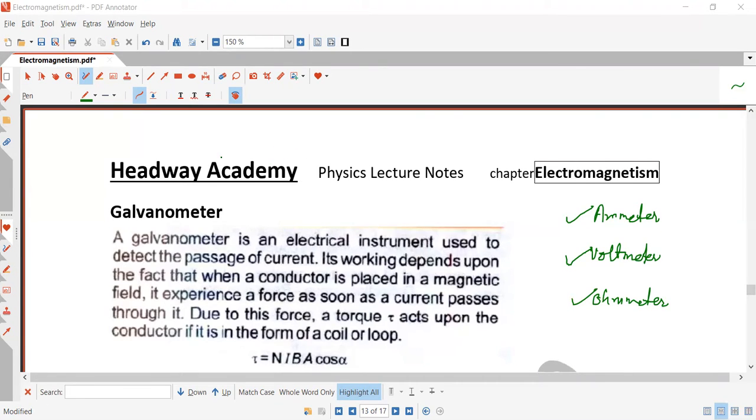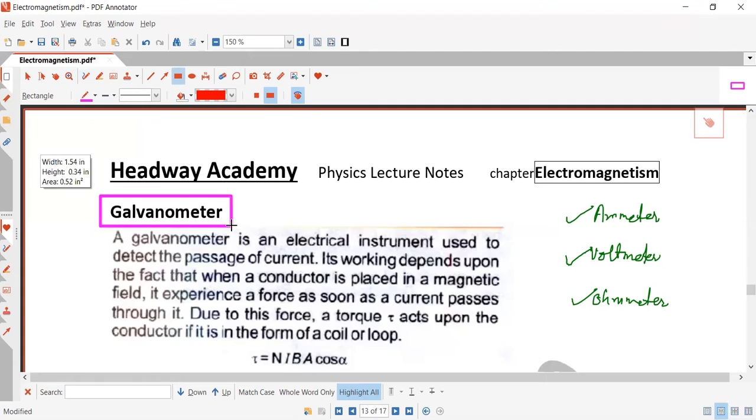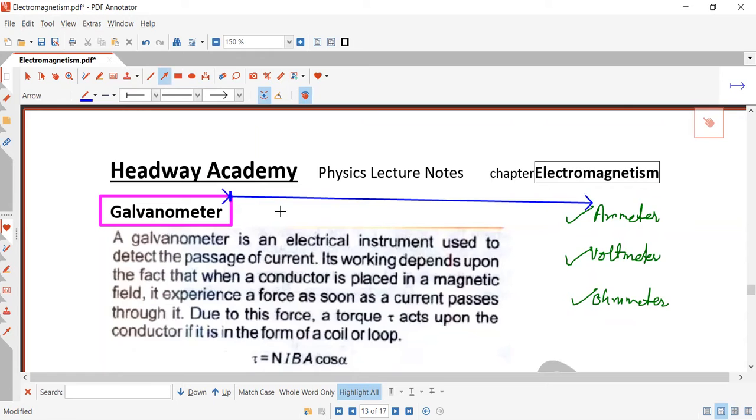So basically the device that is the basic building block of the measurement of these electrical quantities is the galvanometer, right? So the galvanometer is used to make an ammeter, a voltmeter as well as an ohm meter, right, students? So that's what our today's main topic is.